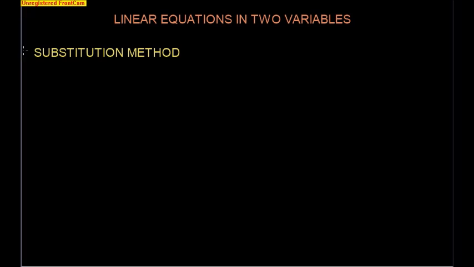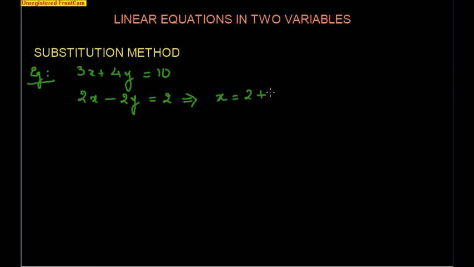Let us see. I'll take one example. I have 3x plus 4y is equal to 10 and 2x minus 2y is equal to 2. Now from here, if you see from this equation, I can find out the value of x, which is 2 plus 2y upon 2.